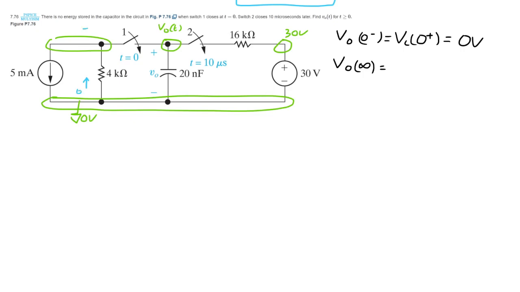That means this has to be negative for current to be going this way, which ends up being negative 20, and this is more positive than this, basically. So we're going to do Ohm's law: 5 milliamps times 4 kilo ohms is minus 20 volts.